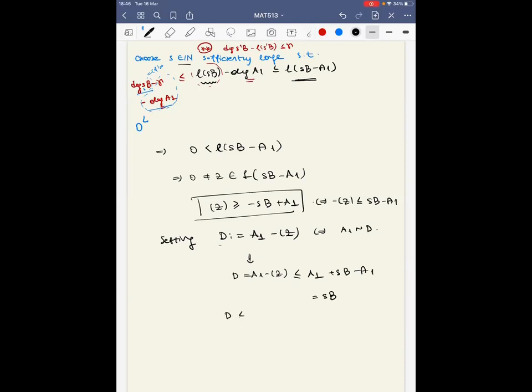Indeed, we show the existence of the divisor D, which is less than or equal to SP. And this completes the proof of the claim.